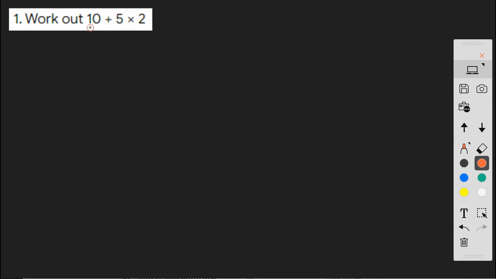And we start with a question about the order of these two operations. And that is governed by our acronym BIDMAS. And this tells us the order of these operations.